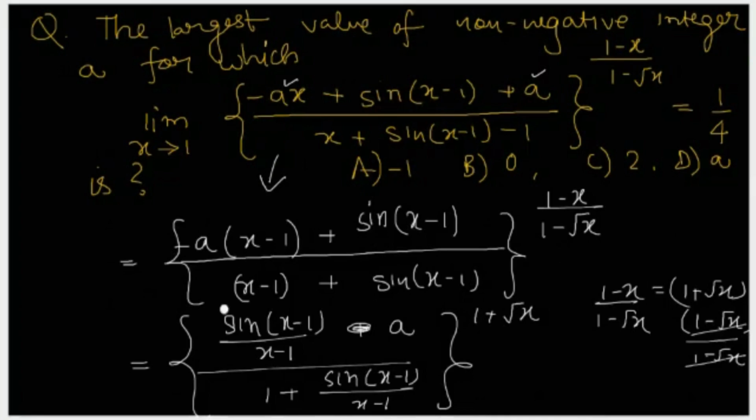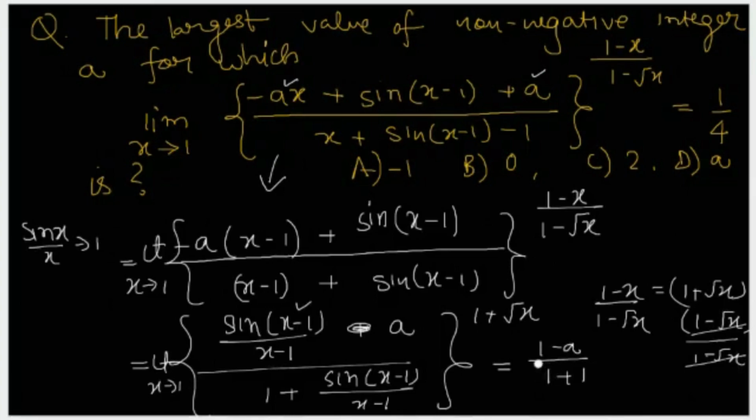Now use the limit formulas. If limit x tends to 1, x minus 1 will tend to 0. So this limit of sin x by x will tend to 1. So you can write this as (1 minus a) by (1 plus 1), and there will be a square.